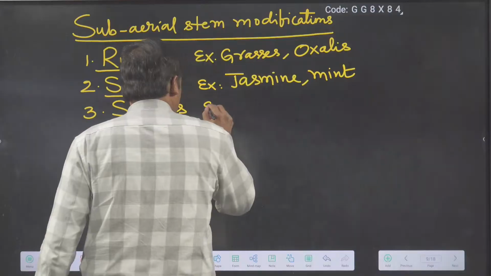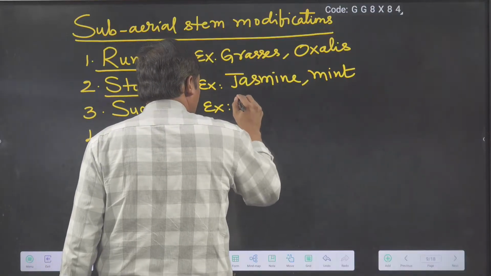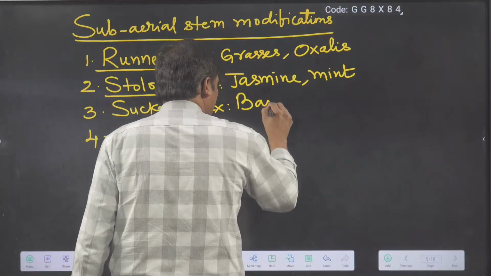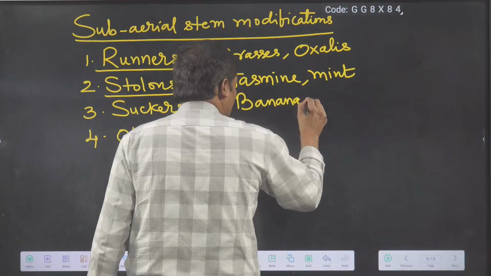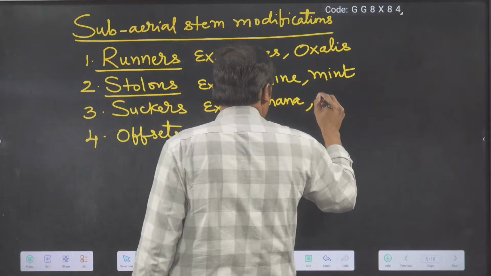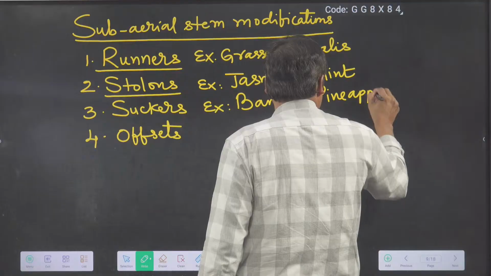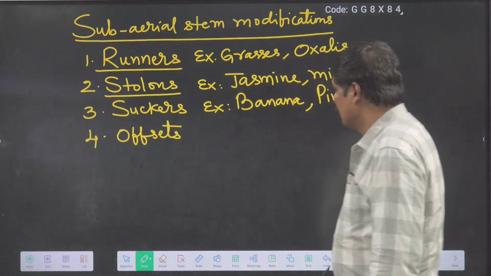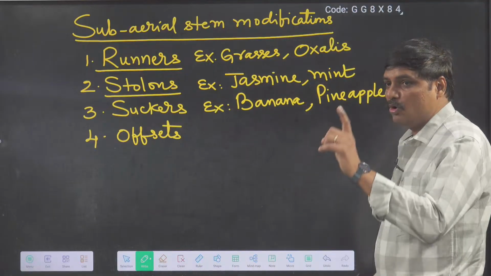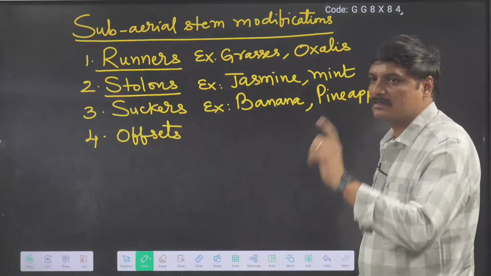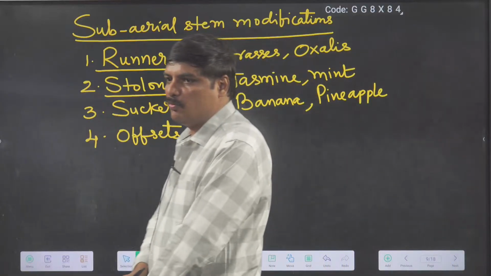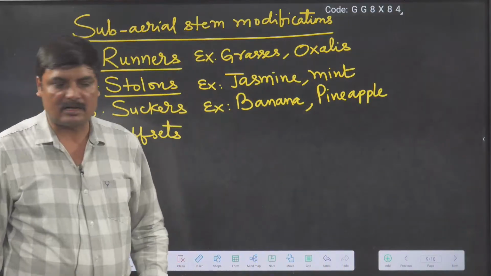The best examples of suckers are banana, pineapple, chrysanthemum, etc. Banana contains both rhizome and suckers.